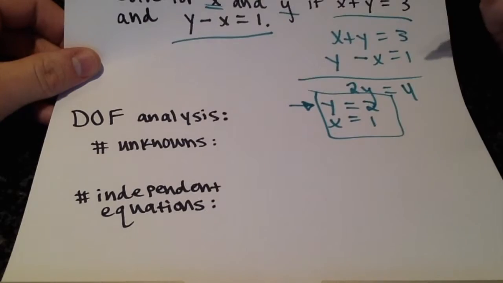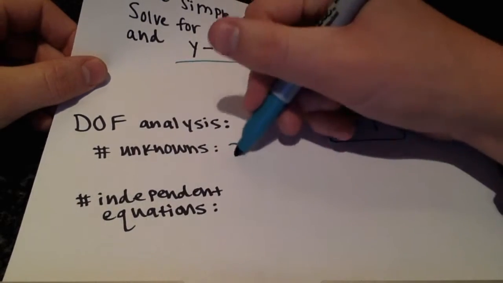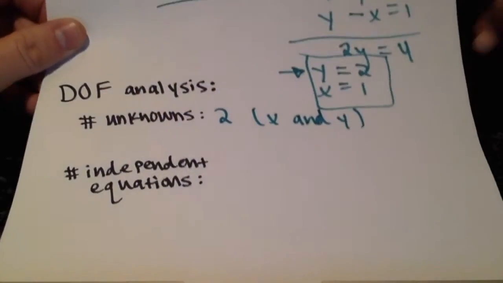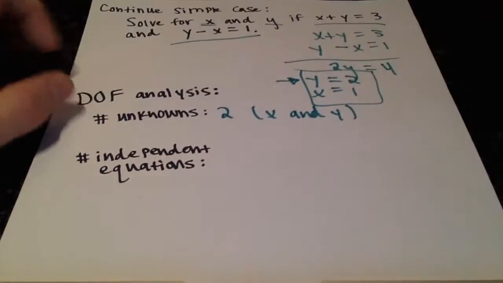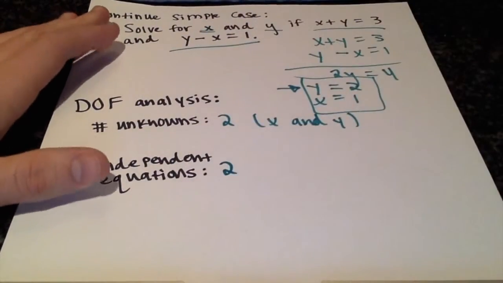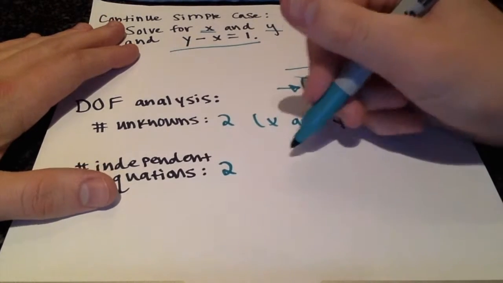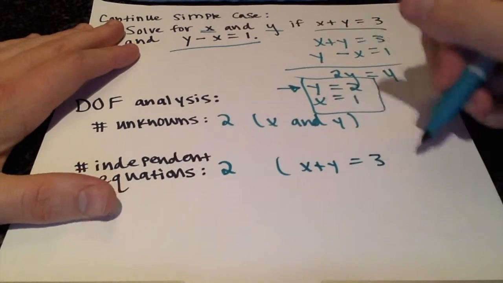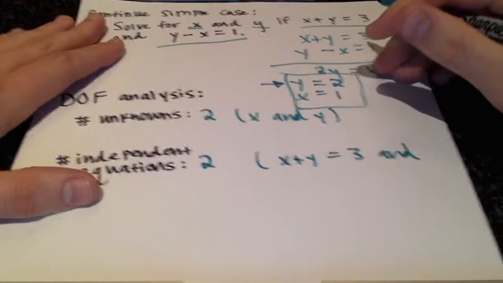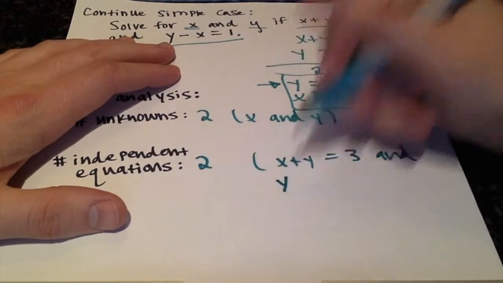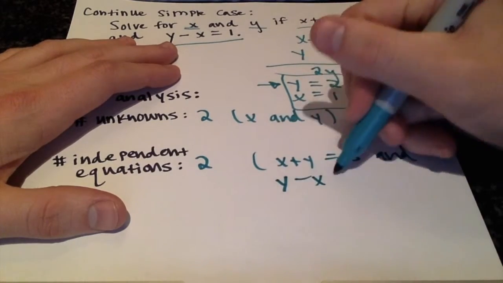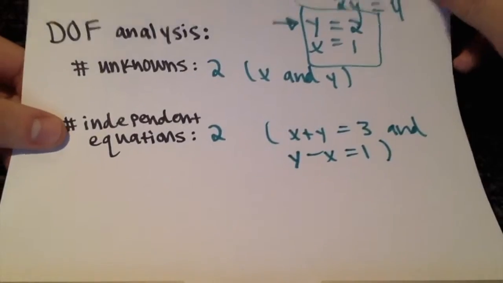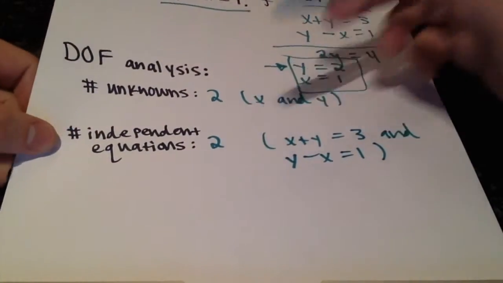Alright, so the number of unknowns is 2, still x and y, and the number of independent equations in this case is 2. We're told that x plus y equals 3, and we're also told that y minus x equals 1. Alright, and why do we have two independent equations this time?